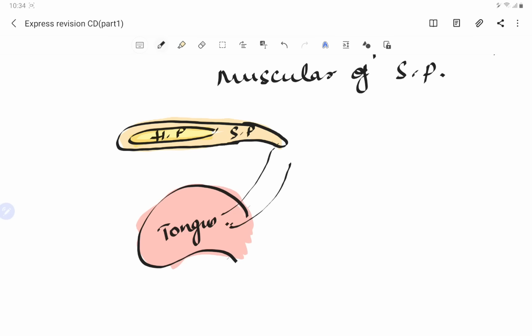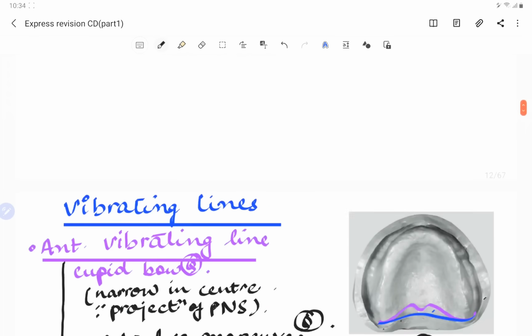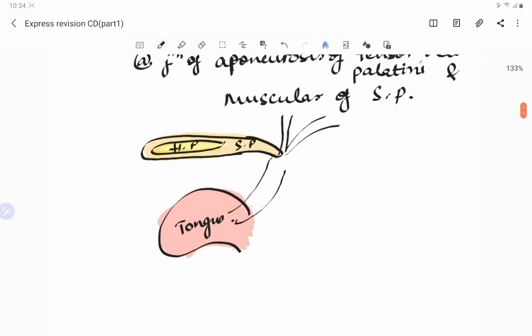Then we have got up in the cranium base, we have got tensor veli palatini, and on the other side we have got the levator veli palatini. See, all this we will be covering in the anatomy also. So I just want you to remember that this is the tensor veli palatini, which is the most important muscle of the soft palate, as it forms the palatine aponeurosis.